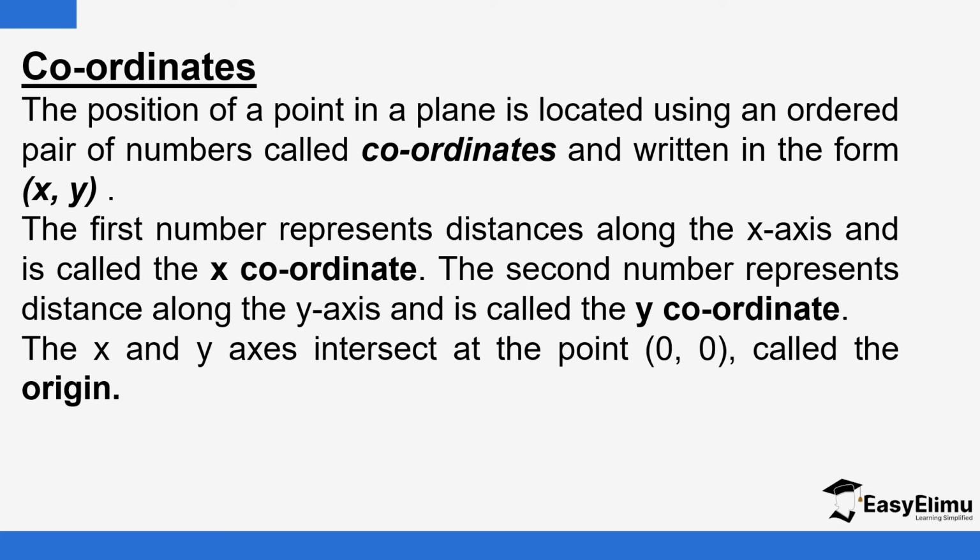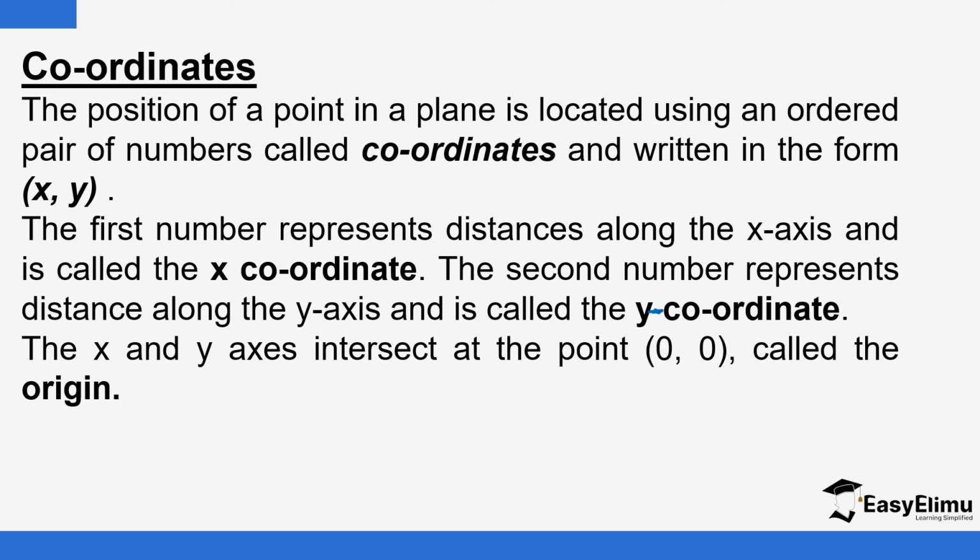So the x-coordinate means the number of steps along the x-axis from the origin, to the positive side or to the negative side. The second number is the y-coordinate and represents the distance along the y-axis on either side, the positive side or the negative side.